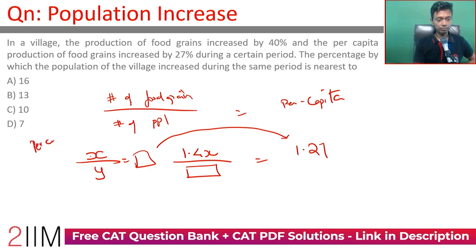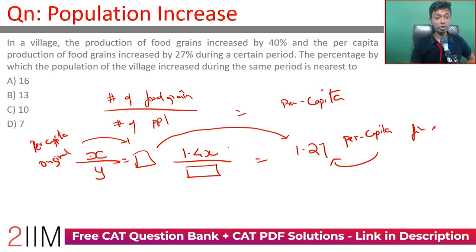Per capita original is this. Per capita final is this. X becomes 1.4x. So food grain production has increased. Per capita production has increased only a little, slightly lesser than this. That means this number has also gone up.